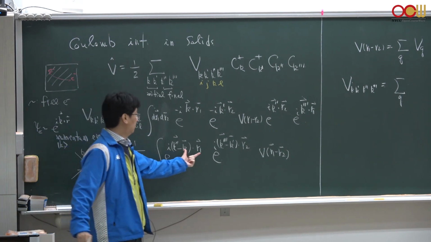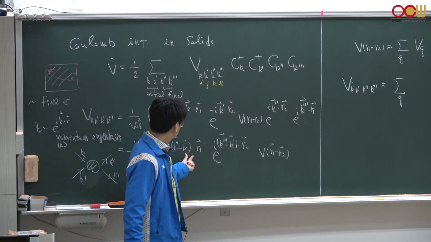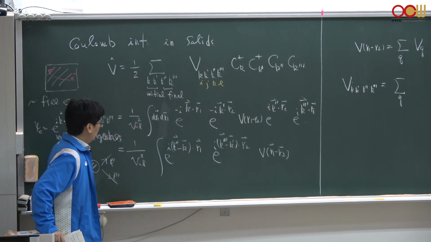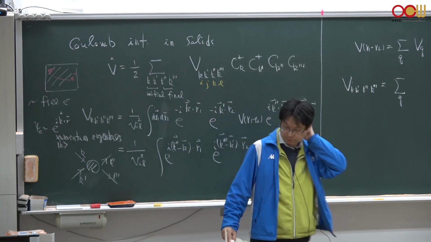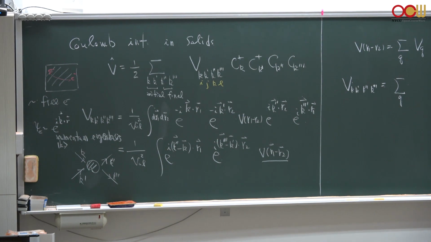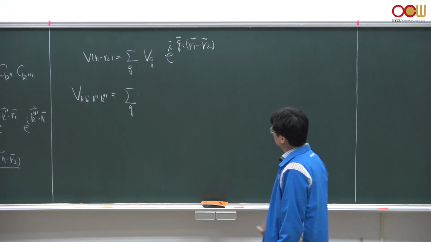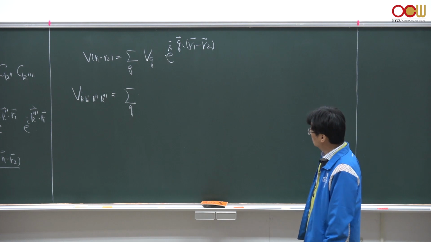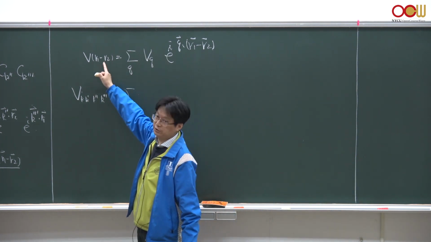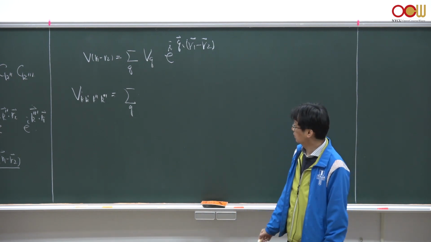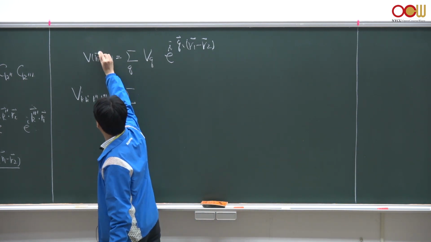So then we could just combine these exponentials with the same vector R1 or R2, so that these four exponentials become two exponential vectors. Remember, the potential term is a function between these two vectors, R1 and R2. And then we could further Fourier transform this potential term, because this potential energy is a function of R. Of course, R is the distance between R1 and R2.